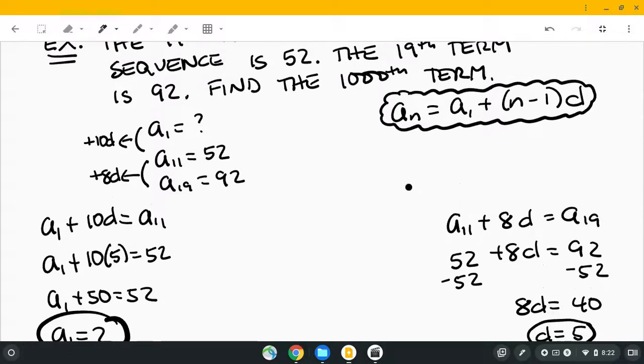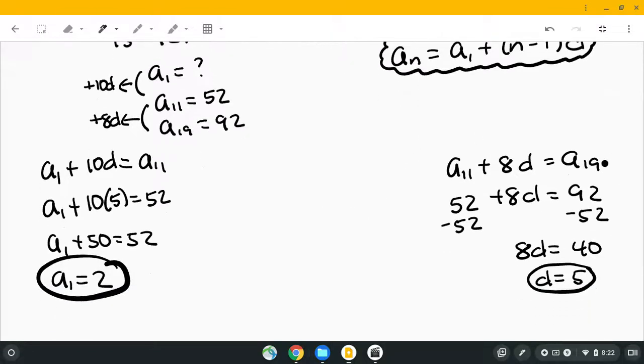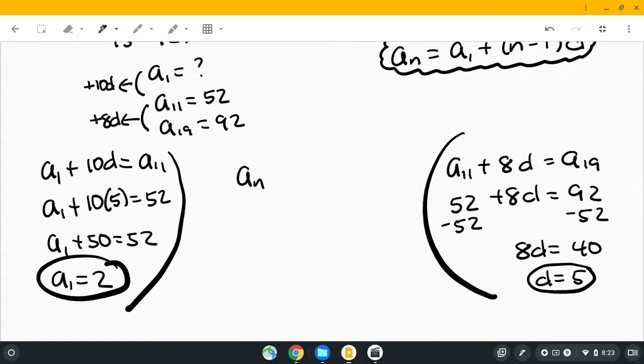Okay, so find the 1000th term. Now I can write my AN formula. AN is now 2 plus N minus 1 times D. D is 5.